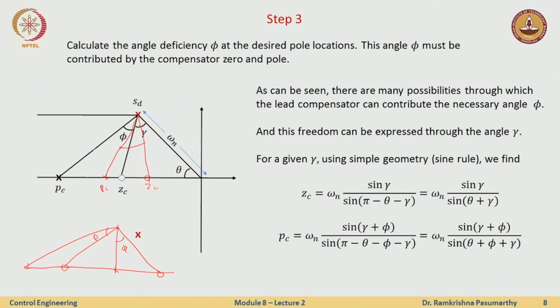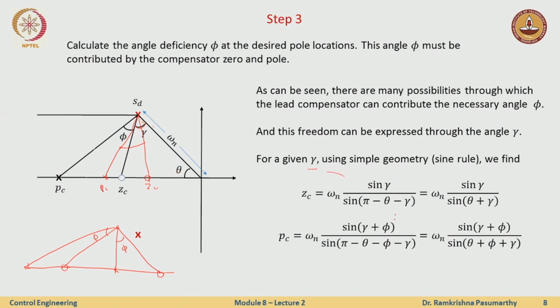Now let's draw a line from here till here, this is the omega n line, and call this angle gamma. We see that the locations now depend on how much the angle gamma is. So for a given gamma, I can use this phi, this theta to write down these formulas with the omega n.